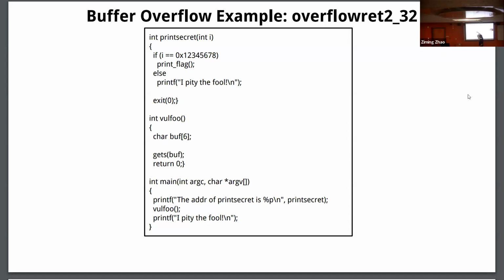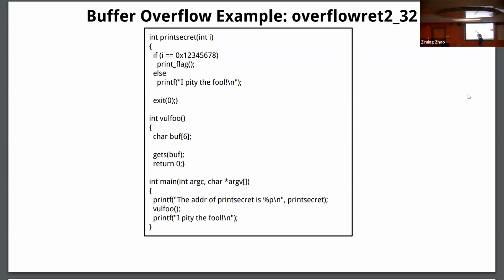Another interesting thing is that at the end of this print_secret function, this function doesn't return. This vol function returns. This main function also returns. It's not explicit here, but implicitly it's just a return 0. This one explicitly says return 0. This one is different.